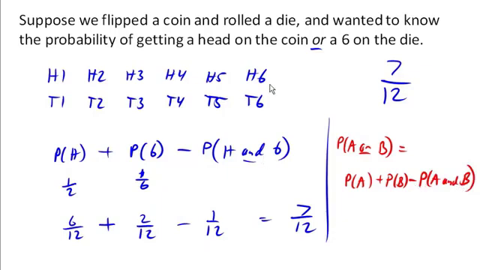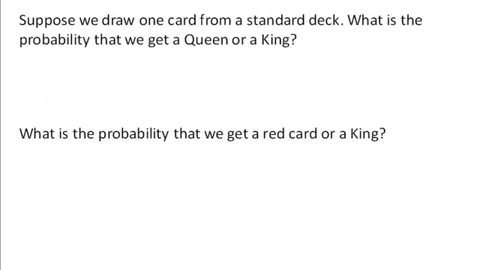Let's see if we can use this. Now, suppose we draw 1 card from a standard deck. What's the probability that we get a queen or a king? Well, the probability of a queen is 4 out of the 52 cards in the deck. What's the probability of a king? 4 out of 52. What's the probability that the card is both a queen and a king?